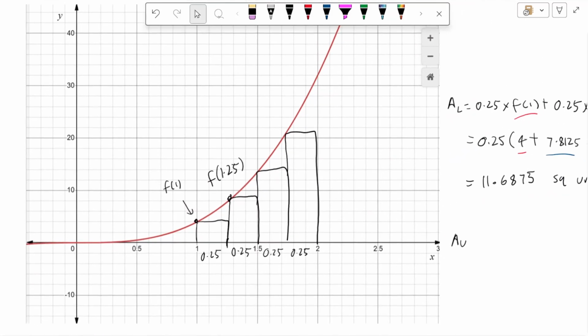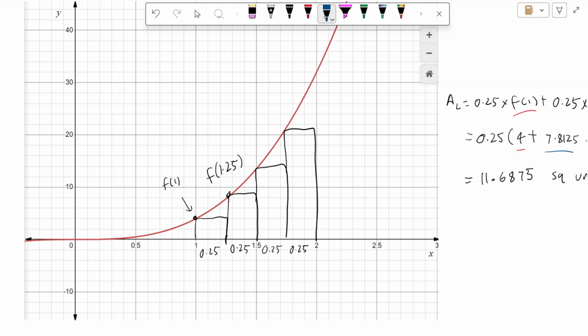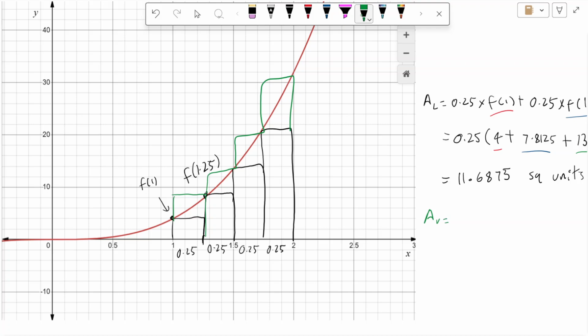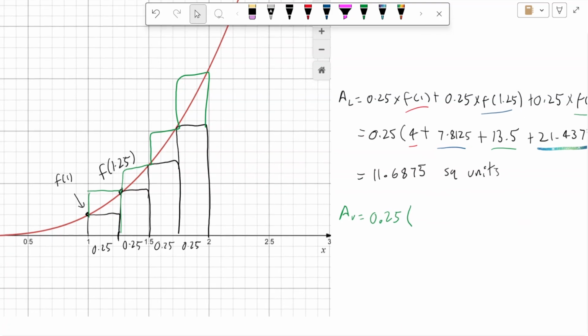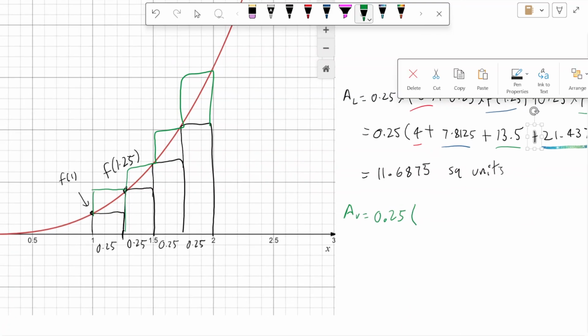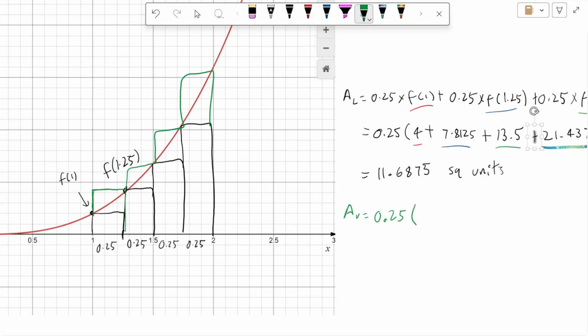Okay, we can calculate the upper area. Now the upper area, let's do that in a different color. Let's do it in blue, or maybe in green. The upper area is going to be all these bits, just the slightly taller rectangles. So it's still going to be 0.25. And the upper area, the height of this first rectangle, I pretty much just have to read off this x coordinate right here, which happens to be f of 1.25.